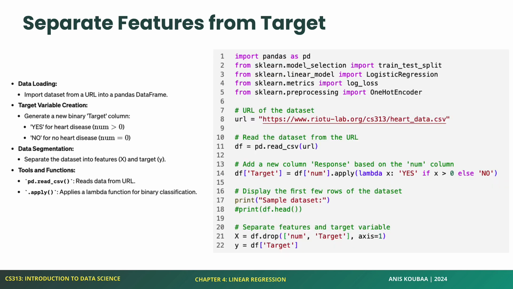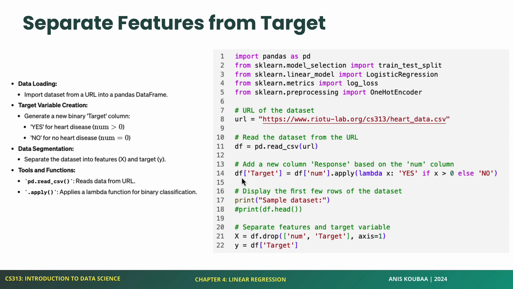So let's start step by step. The first thing you have to do is to separate the features from the target. Now, I posted this dataset at rightulab.org CS313 herdata.csv, so you can load it from there. You are going to read it and put it into a data frame.